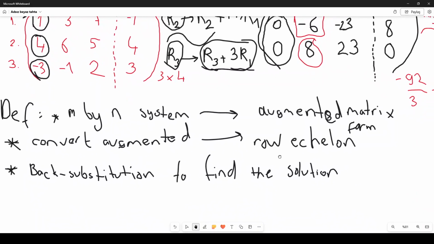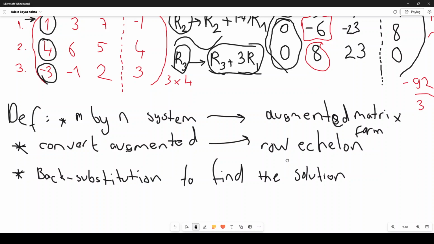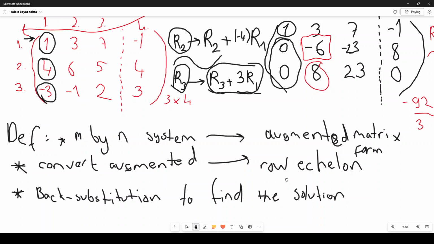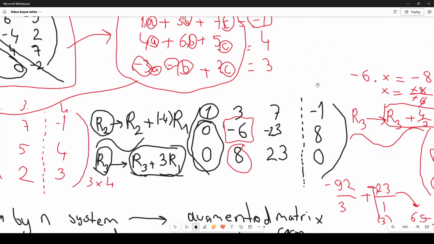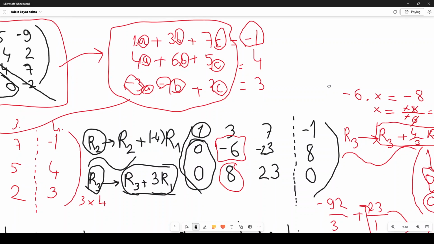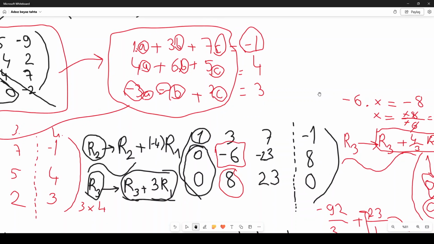And then what? Now we are ready to find the solution, right? In the last step. Why are we following this process? Of course, to find the solution to the system. And by solution, let's get back to our system again. Here's our original system, right?